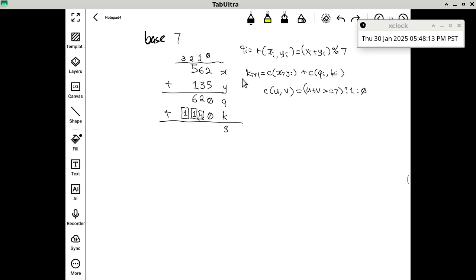It does not depend on the base, that's the way it should be. In fact, that's how you do your multi-digit addition. It's just that we normally do not write out the Q row. We just kind of mentally keep track of the Q row. And we normally also do not write a zero when there's a carry of zero. We just do not even write that tiny little one. So it's just a change of convention right now.